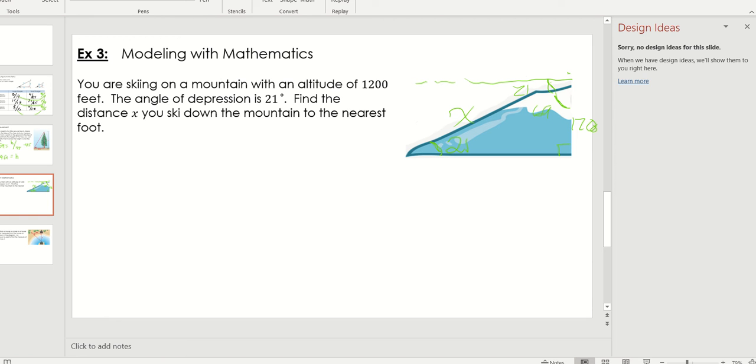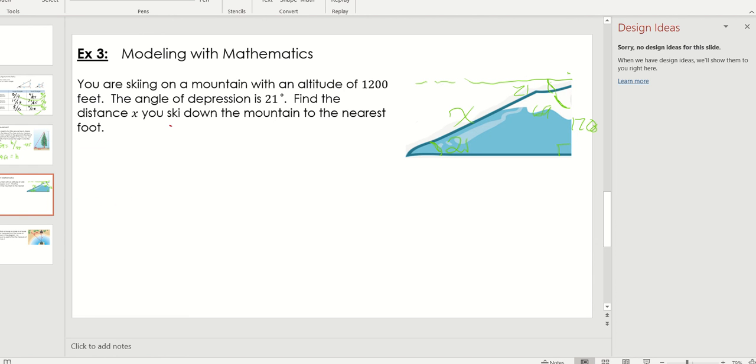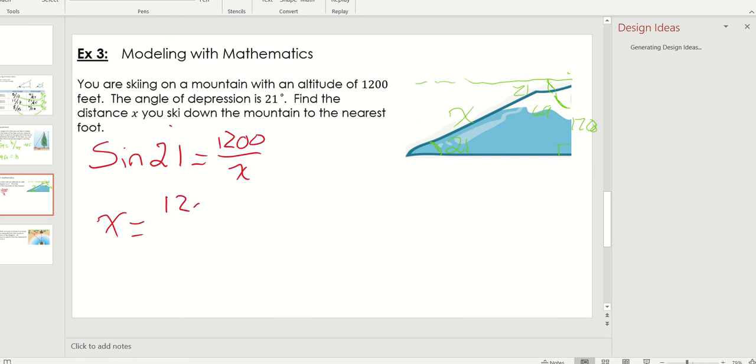So I have a couple options here. If I want to use the 21 degrees at the bottom, I have the opposite and hypotenuse, so I would use the sine. And when I solve for x, I'm going to get x equal to 1,200 divided by the sine of 21, which is 3,349 feet.